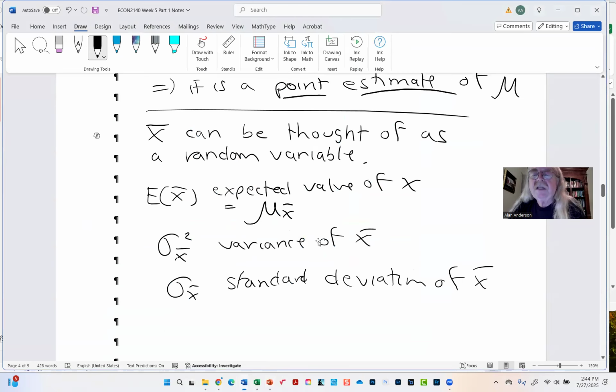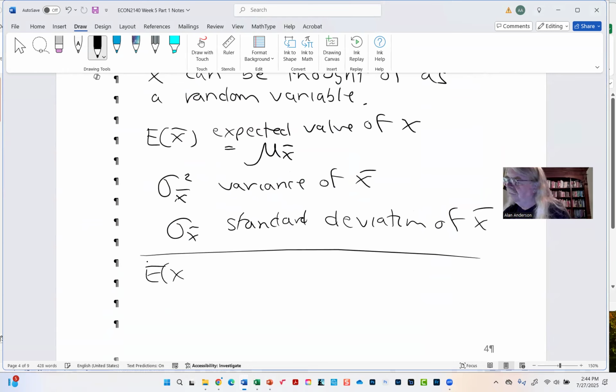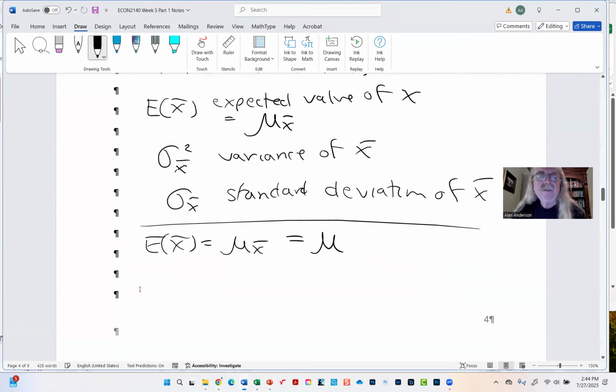Now, the question becomes, how do you calculate these? So the first one is easy. So in other words, the sampling distribution has the same mean as the population.